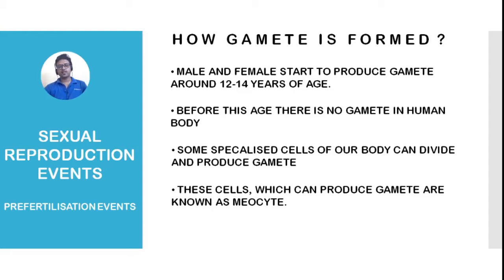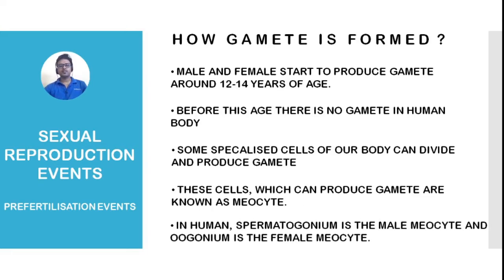In human beings, spermatogonium is the male meiocyte and oogonium is the female meiocyte. Spermatogonium is present inside the testis and produces the male gamete sperm, and oogonium is present inside the ovary and produces the female gamete ovum.